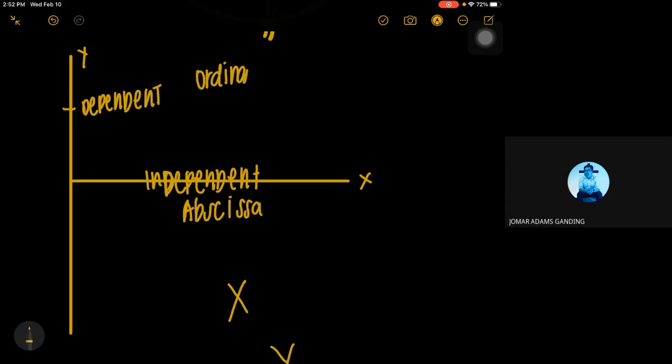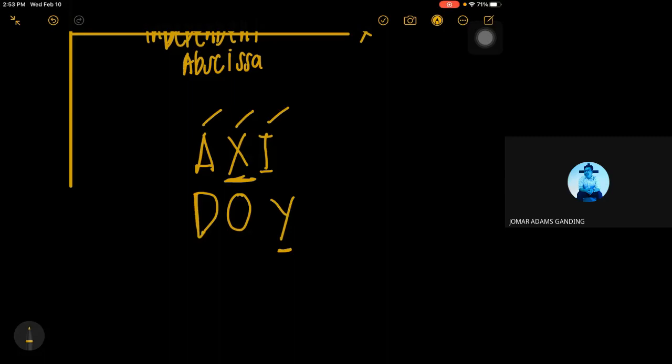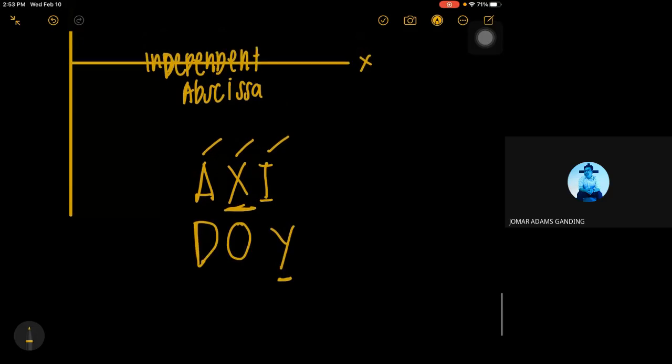How can you memorize it? Always remember, x is for your independent variable. Another name for that is your abscissa. So abscissa, x-axis, independent. What about your y-axis? Your y-axis is also known as your ordinate, where your dependent variable is indicated. So abscissa, x-axis, independent variable.